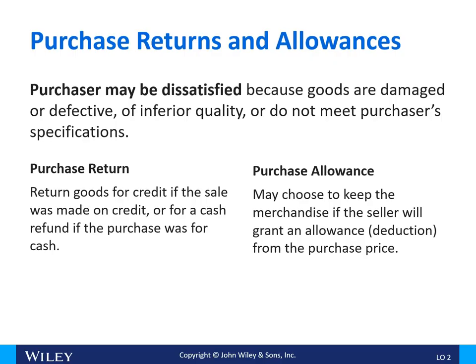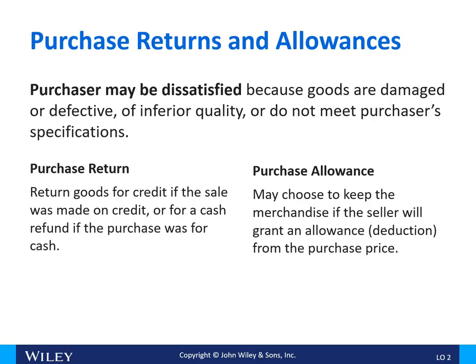So it's returned for credit if the sale was made on credit. If the purchase was made for cash, you get a cash refund. A purchase allowance is when the buyer may choose to keep the merchandise, or the seller may offer that, and the seller will grant an allowance or deduction from the purchase price.